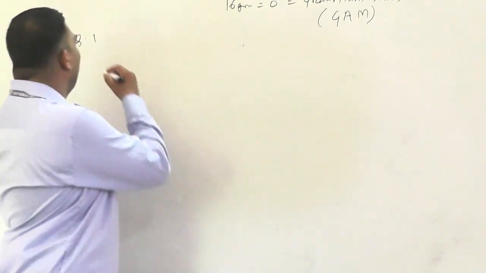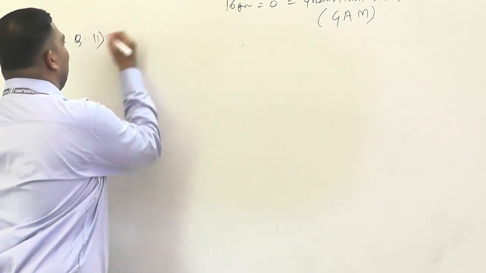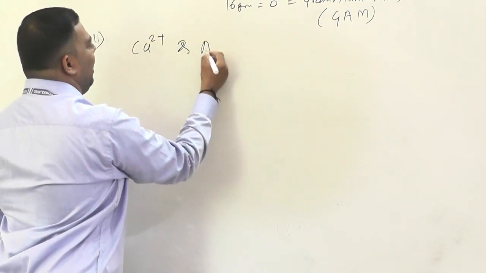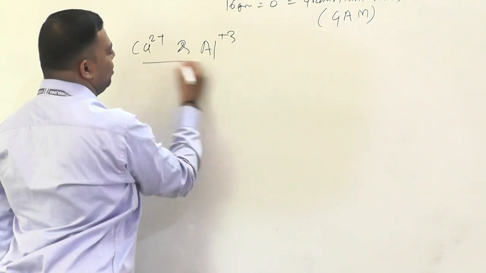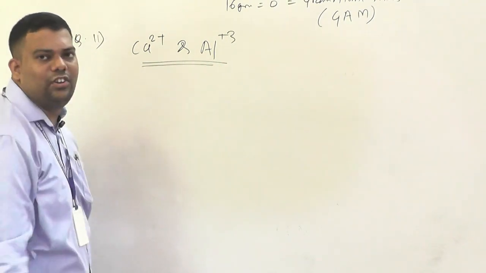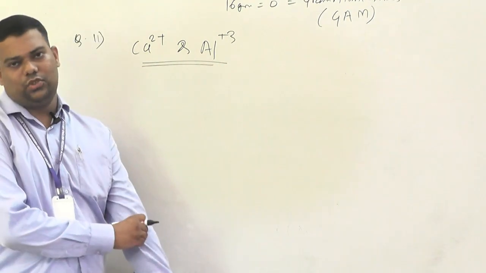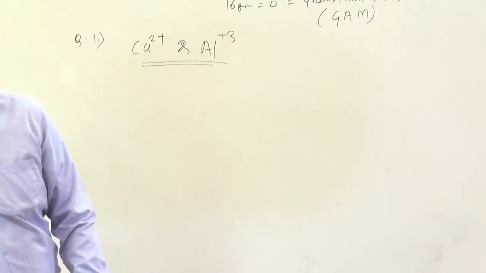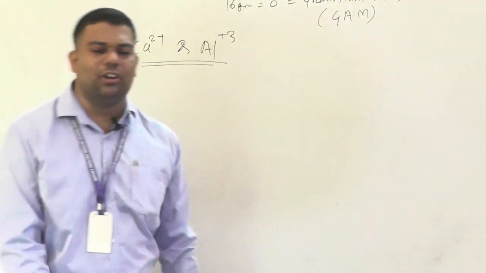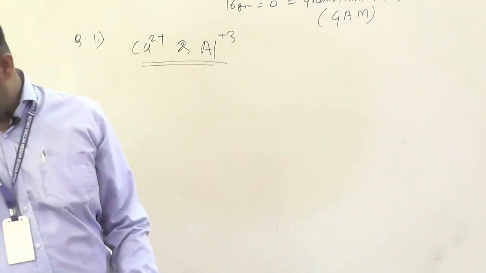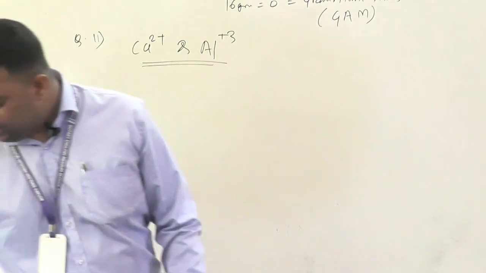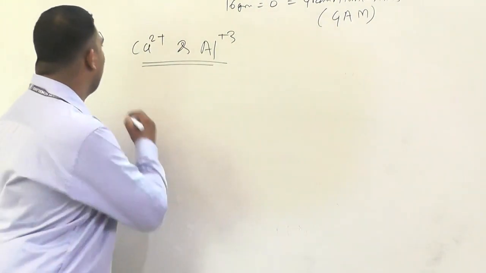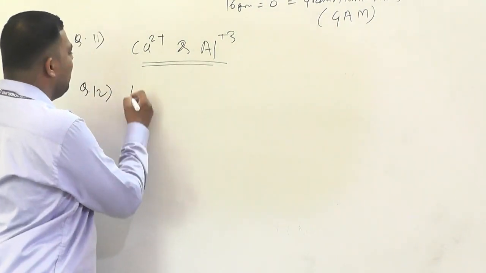Calcium ion is Ca2 plus, and aluminum is Al plus 3. I already gave this in our theoretical content, so you see that and write. And the last question, question number 12: name the smallest particle of an element which can retain all its chemical properties. The answer is atom.